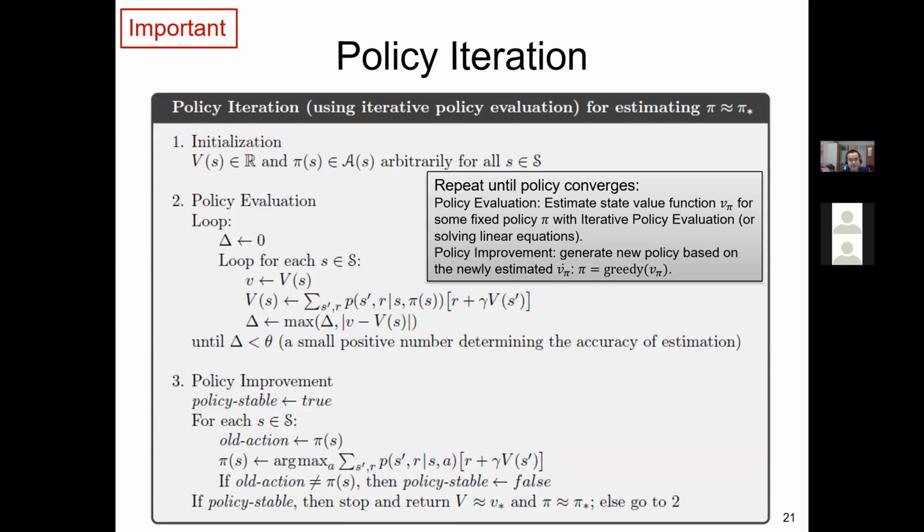So policy iteration just adds one more step. We saw policy evaluation. Now we do policy improvement. While the policy is not stable, you do an argmax to get the optimal greedy policy with regard to the current value function V(s).